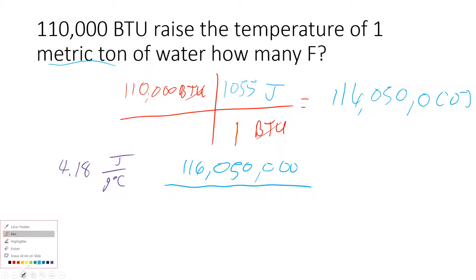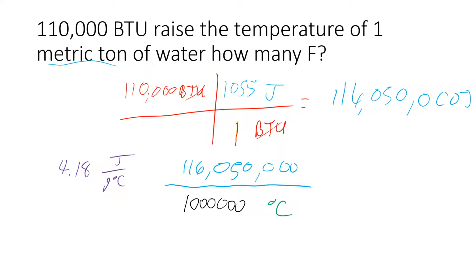So the grams we can put on the bottom. We'll do it in this color. So 1,000,000. And then we're looking for Fahrenheit. So we'll find degrees Celsius first, and then we'll convert that to Fahrenheit. So let's put degrees Celsius is what we're going to figure out. So this will be equal to each other.